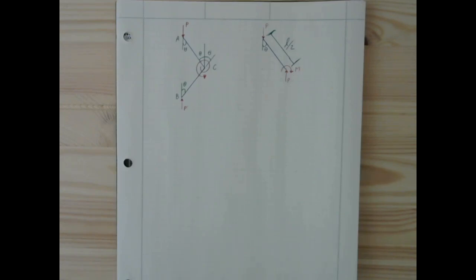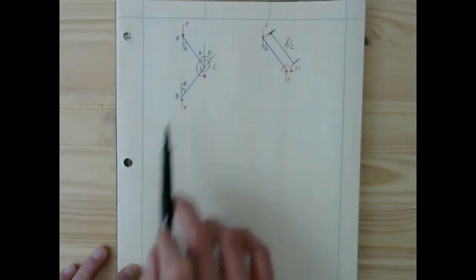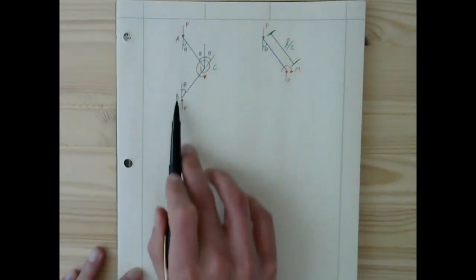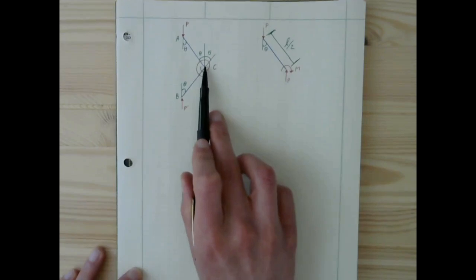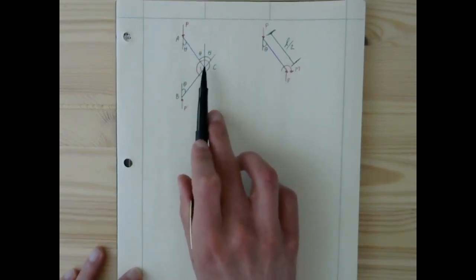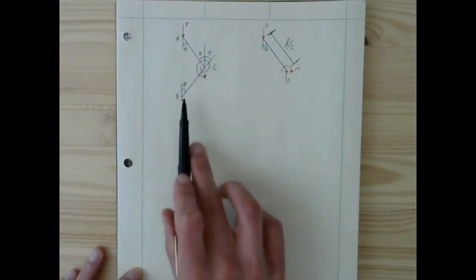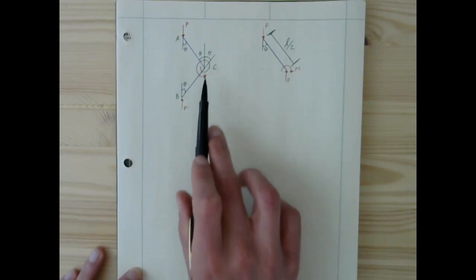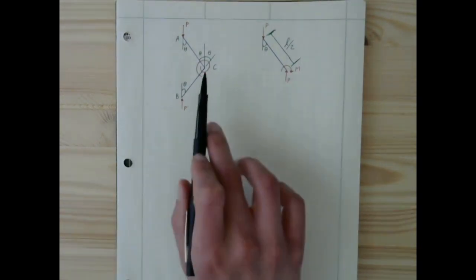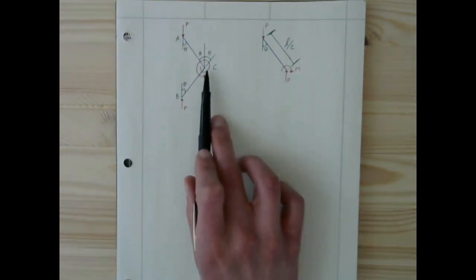As an example, let's consider this 2-bar linkage pinned on top and bottom, and with a pinned connection between the two. So this is not a pinned support, it's a hinge connection between the bars B, C, and A, C, with a hinge at C and a torsion spring right here, an elastic torsion spring.